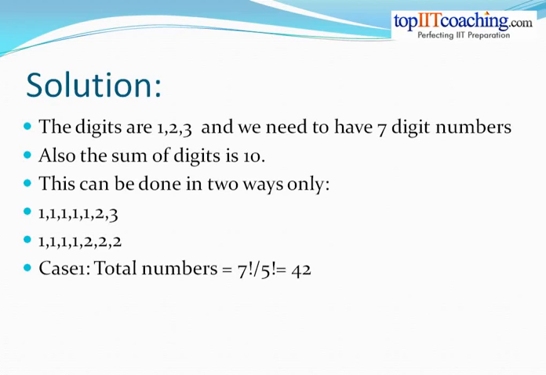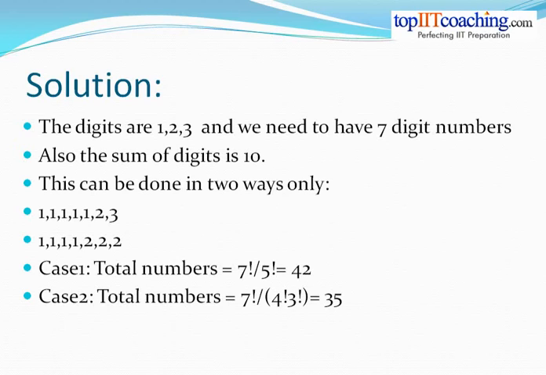So the total numbers is equal to 7 factorial divided by 5 factorial and that is equal to 42. In the second case, the total numbers is equal to 7 factorial divided by 4 factorial into 3 factorial, 4 factorial because there are four 1s which are similar, and three 2s which are also similar. So the total numbers becomes 7 factorial divided by 4 factorial into 3 factorial and that is equal to 35.